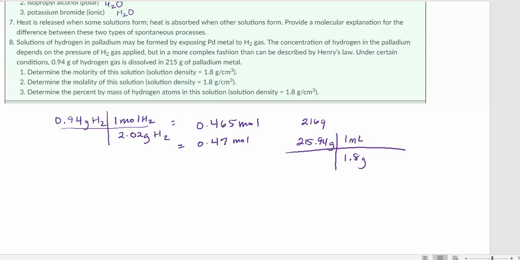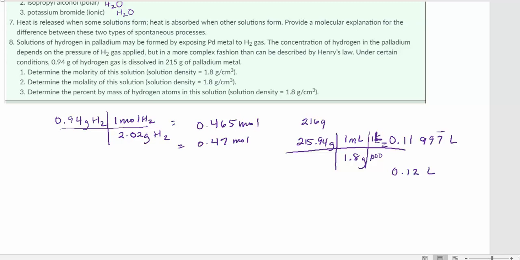So when I do this arithmetic, I get 0.1199, and then I get a repeating 6, so 7. And that is actually in liters. I divided this by 1,000 in order to get liters, because I'm going to need liters in order to calculate my molarity. Now I'm going to start rounding a little because this is excessive. So I'm going to call this 120 milliliters or 0.12 liters.